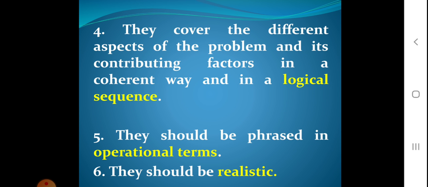Operational terms means the objectives are clearly phrased, specifying exactly what the researcher is going to do, where, and for what purpose. The sixth one is that research objectives should be realistic in nature, considering local conditions. For example, achieved within the expected time frame and within the available resources.